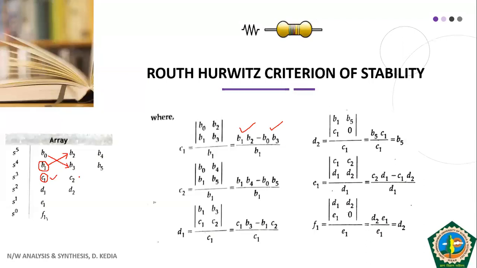Now, how do we obtain C2? For C2, we will take this B0, B1 always. Then we will skip this and take B0, B4, B5.